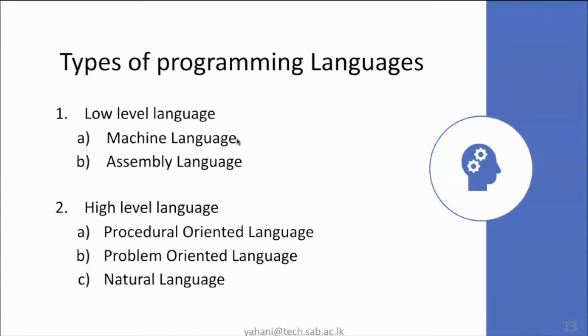Then let's move on to the types of programming languages. Mainly we have low level language and high level language. What are low level language and high level language? Low level languages are the languages that machines can identify easily.